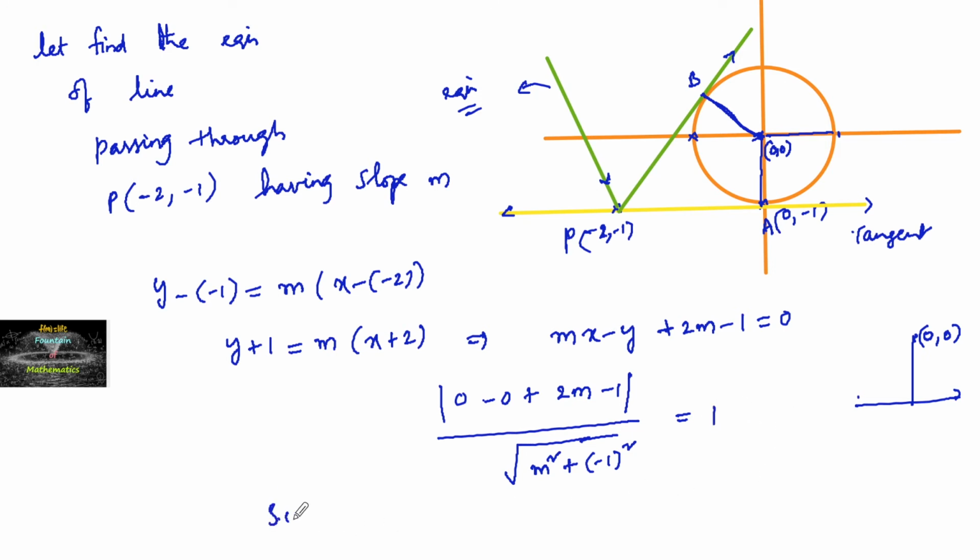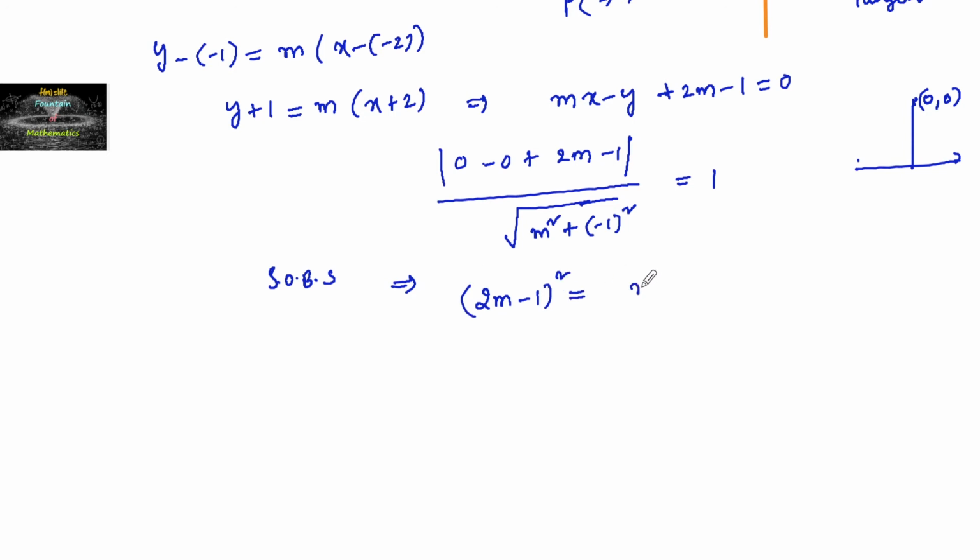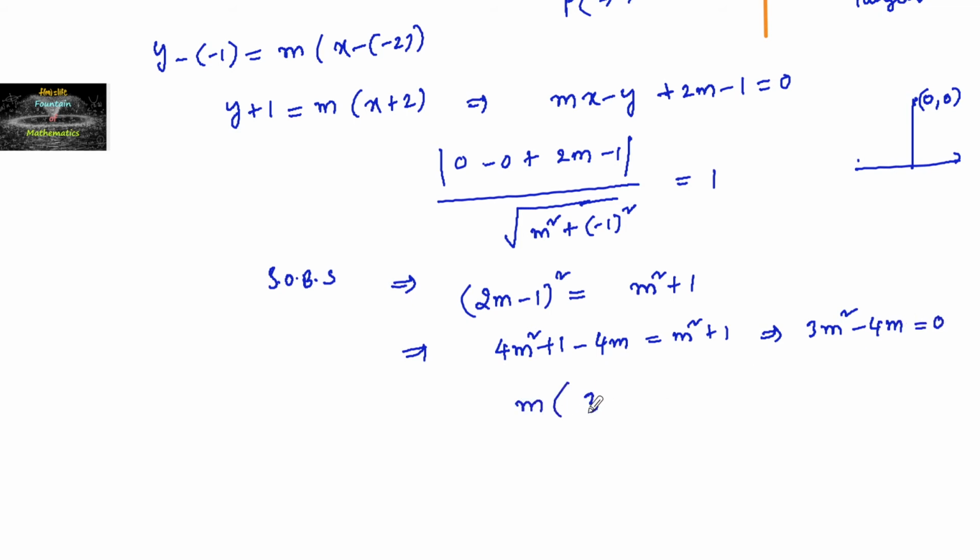On squaring both sides, we get 2m minus 1 whole square is equal to m square plus 1, or on simplifying 4m square plus 1 minus 4m is equal to m square plus 1, which implies 3m square minus 4m is equal to 0, or by taking m common, m times 3m minus 4 equals 0, whereby m is equal to 0 or 4 by 3.